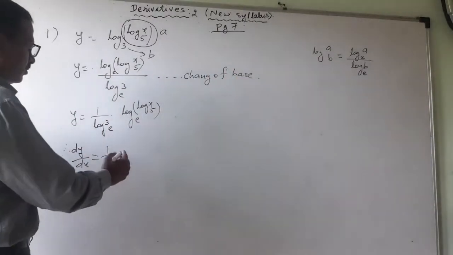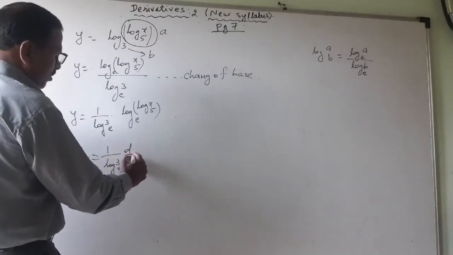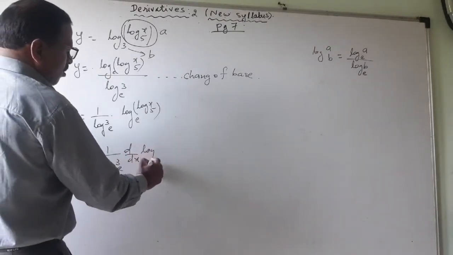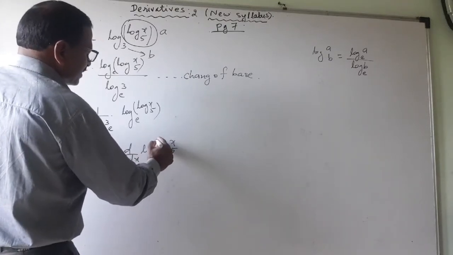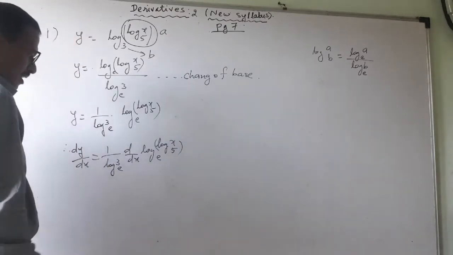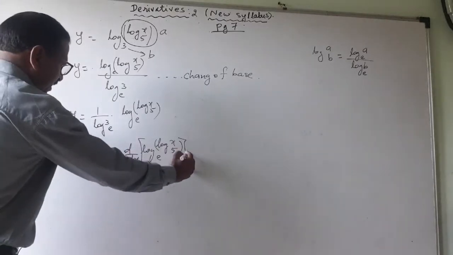Now here d by dx of log of x to the base 5 and the base is E. Its derivative I want to take.